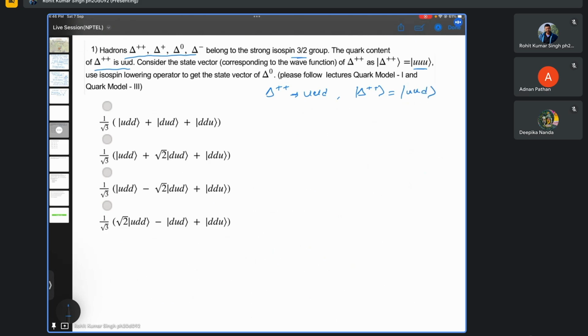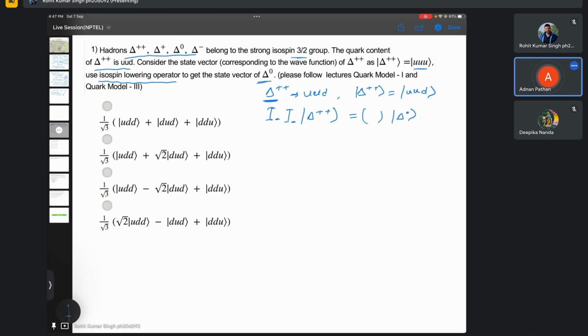Yeah, like this. And then what we have to do is use the isospin lowering operator to get the state vector of delta 0. That means you have to apply this isospin lowering operator 2 times, right? So I minus on delta plus plus should give you some constant and then delta 0, right?